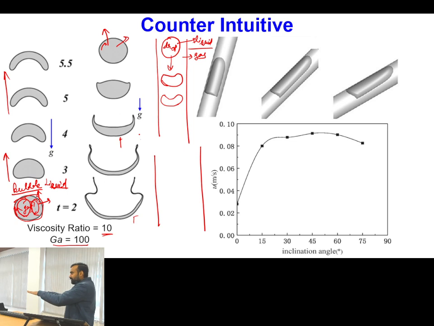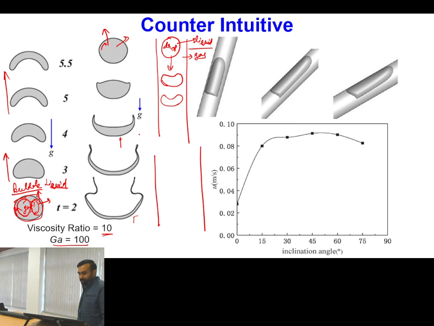But if I fill this up to this level with water and then move a horizontal plate with the same velocity, in water the penetration of velocity will be much less, because of dissipation. So that is the reason that once viscosity is high, the interfacial shear will not be sufficient to produce the internal circulation and overcome the viscous stresses.